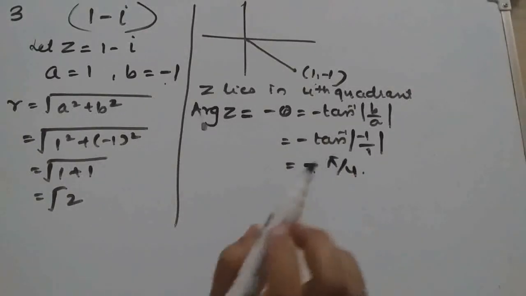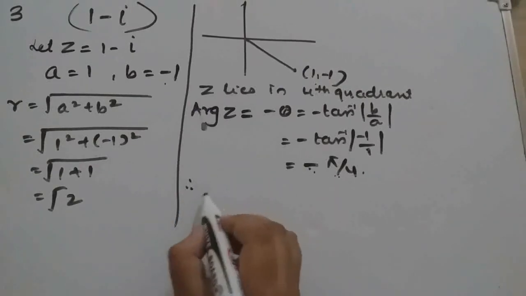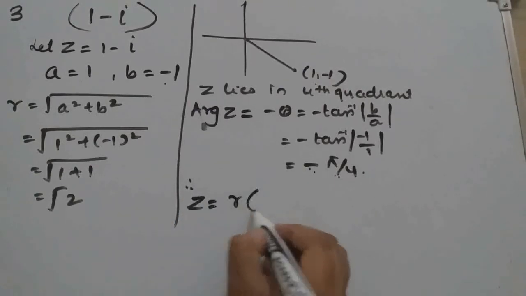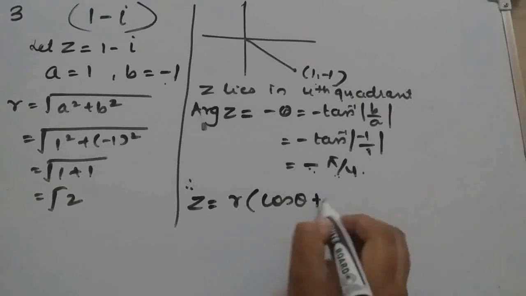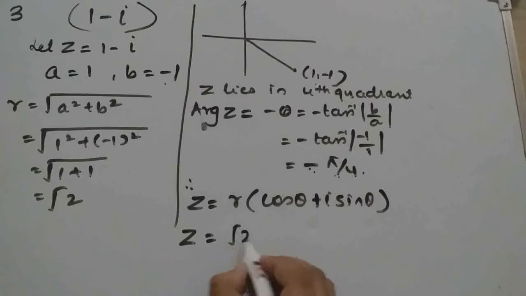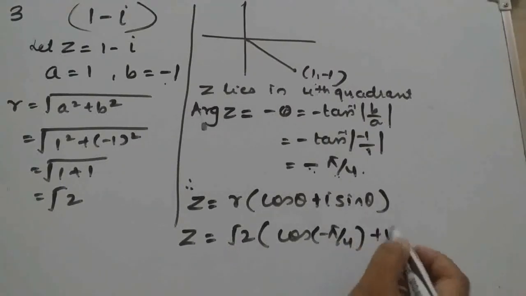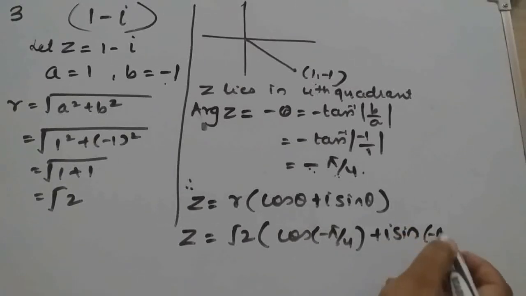So this is your theta, the argument of z. So therefore z is r into cos theta plus i sin theta. So root 2 (cos of minus pi by 4 plus i sin of minus pi by 4). Okay.